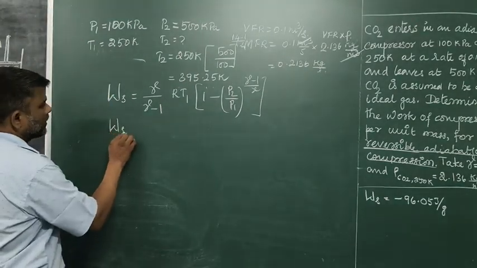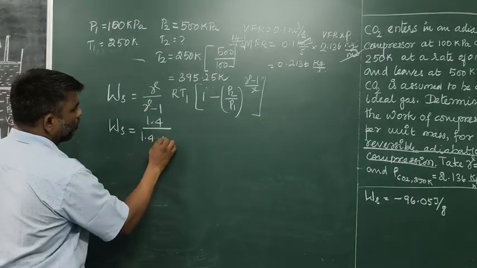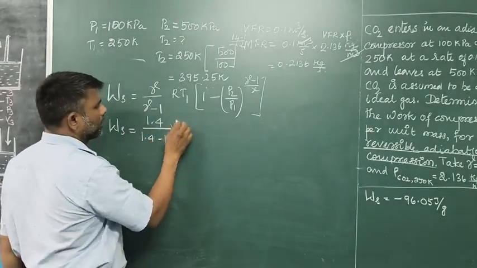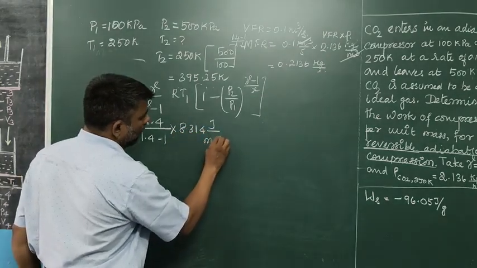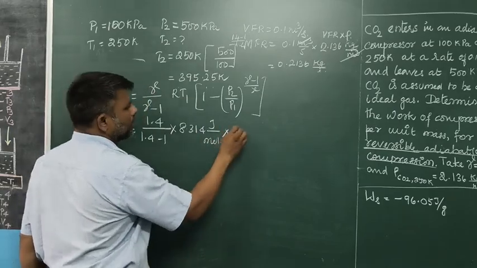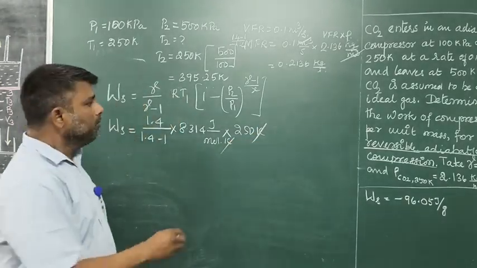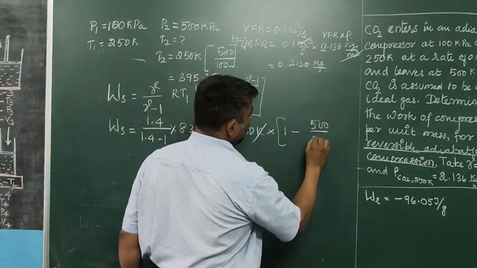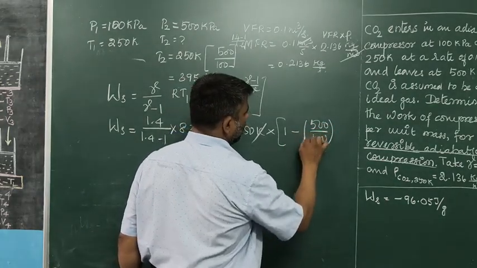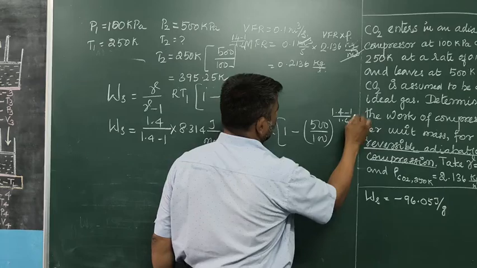So Ws is equal to 1.4 divided by 1.4 minus 1 into R, 8.314 joule per mole degree Kelvin, into initial temperature 250 Kelvin, Kelvin gets cancelled, into 1 minus 500 divided by 100 to the power of 1.4 minus 1 divided by 1.4.